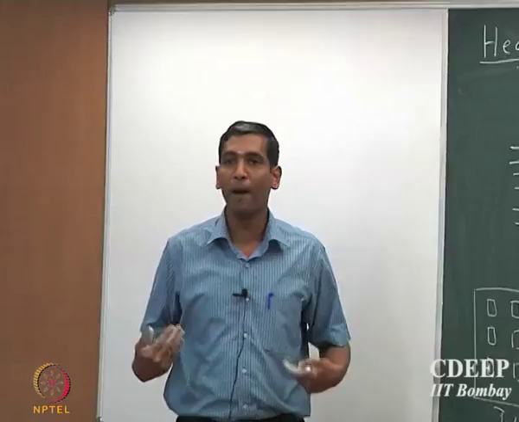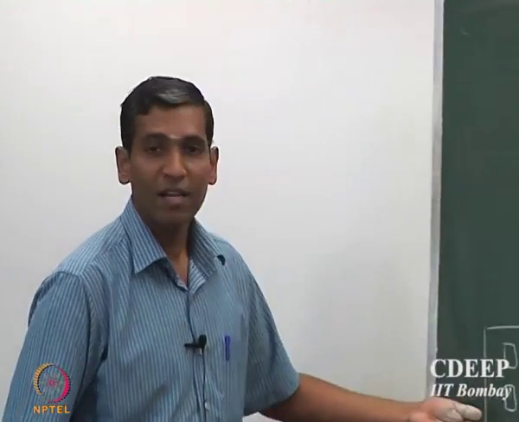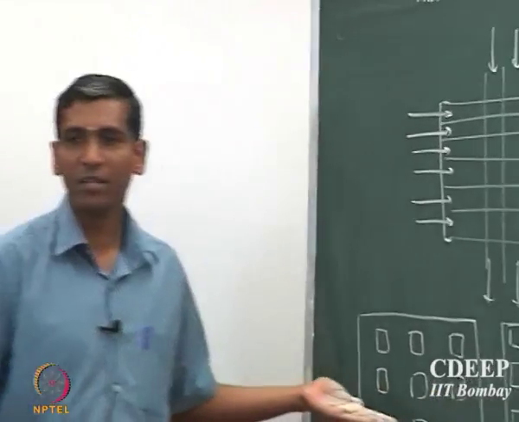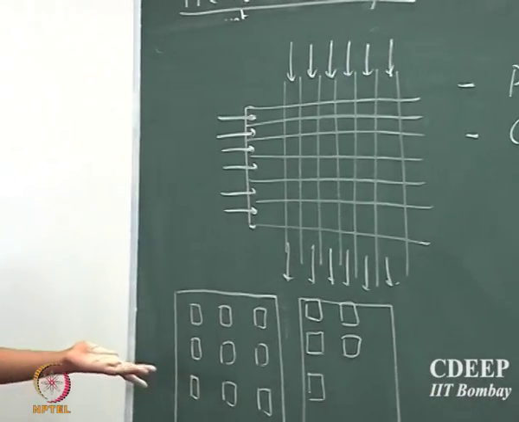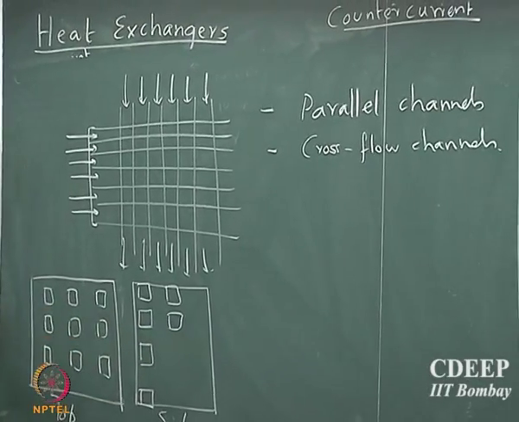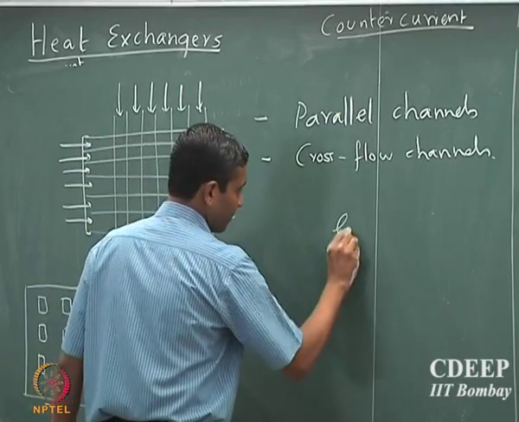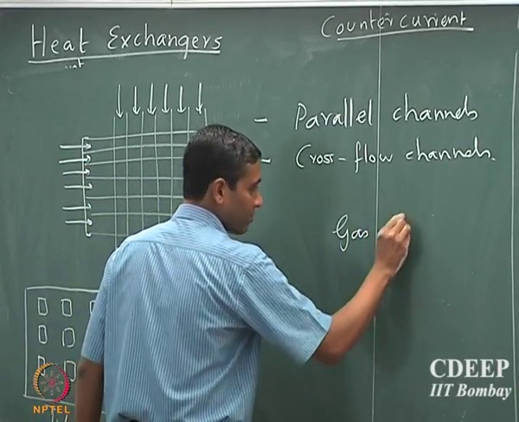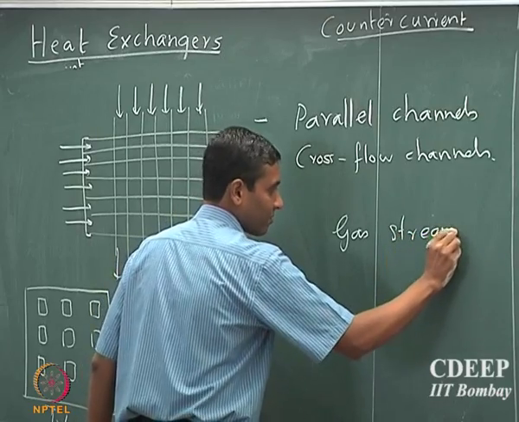You really don't need to pump it that much. So the amount of energy that you require to pump a vapor stream or a gas stream inside the compact heat exchanger is significantly less compared to pumping a liquid through these tubes. So this is really ideally suited for heat exchange between gas streams, okay.